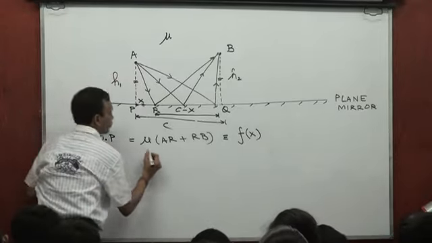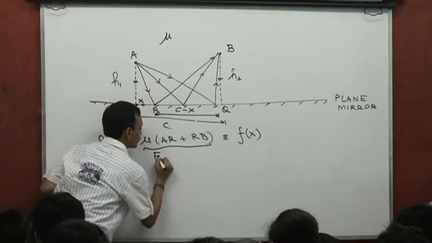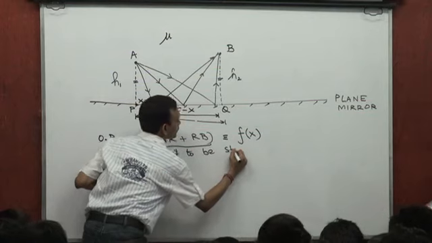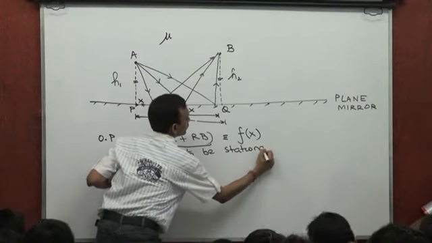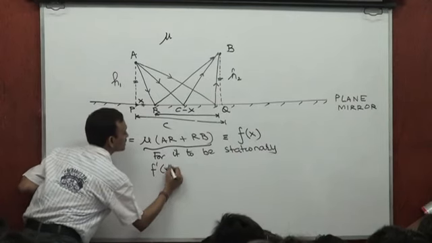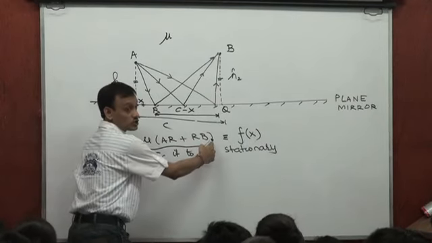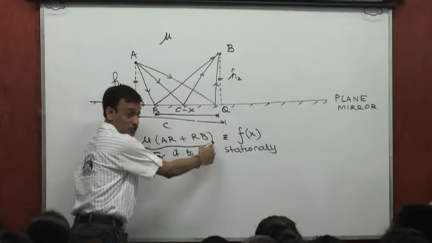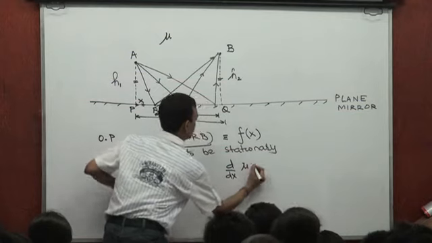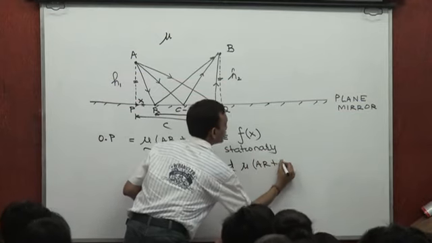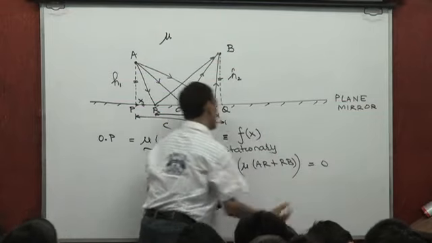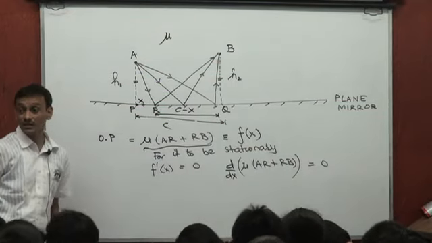That means, for this to be stationary, we must have f dash x equal to 0. That means ddx of this must be 0. ddx of mu times AR plus RB must be 0.